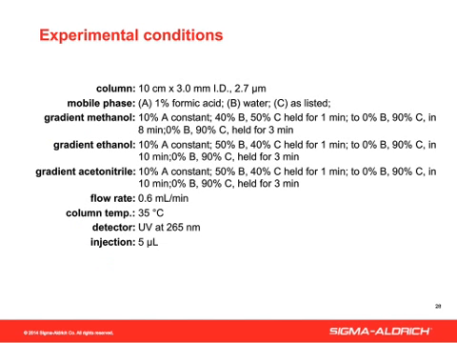Just to give an example of what the screening protocols looked like, we did gradient elutions using methanol, ethanol, and acetonitrile. Each one of those conditions was modified slightly based on the elution strength of the organic solvent, so we could get a better indication of whether we were getting resolution of the vitamin D metabolites.